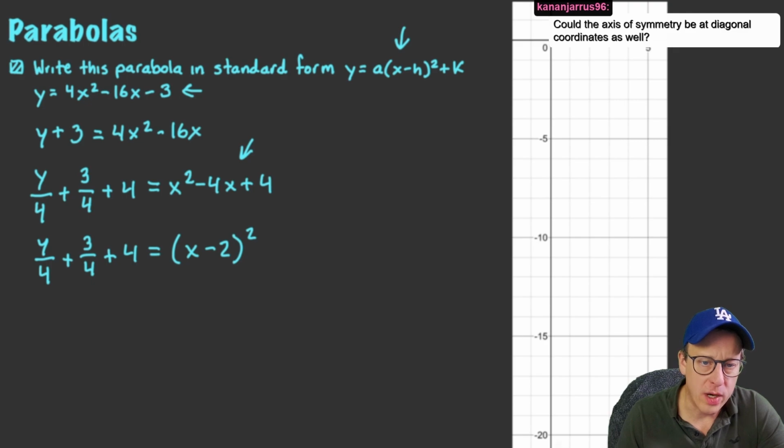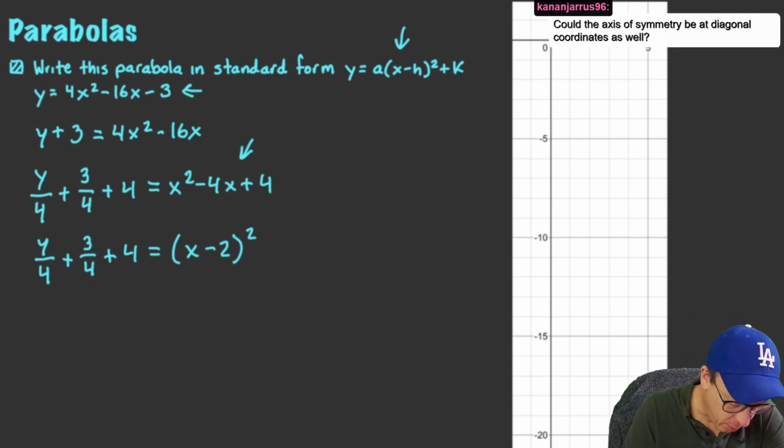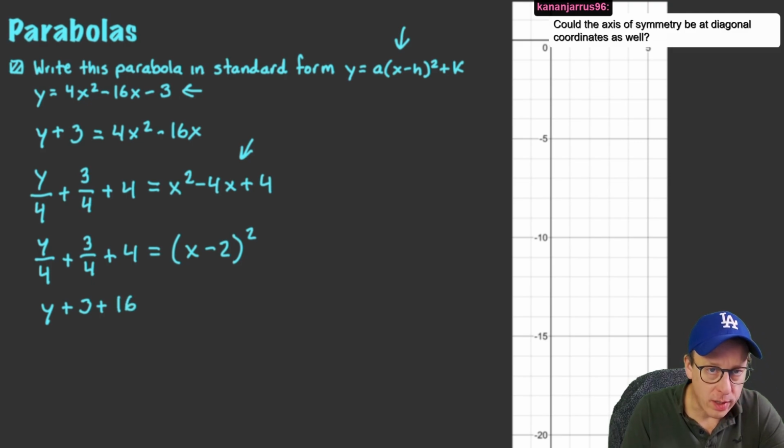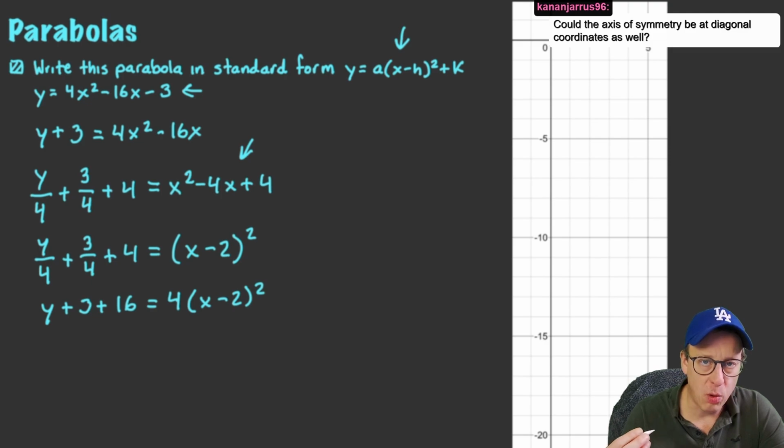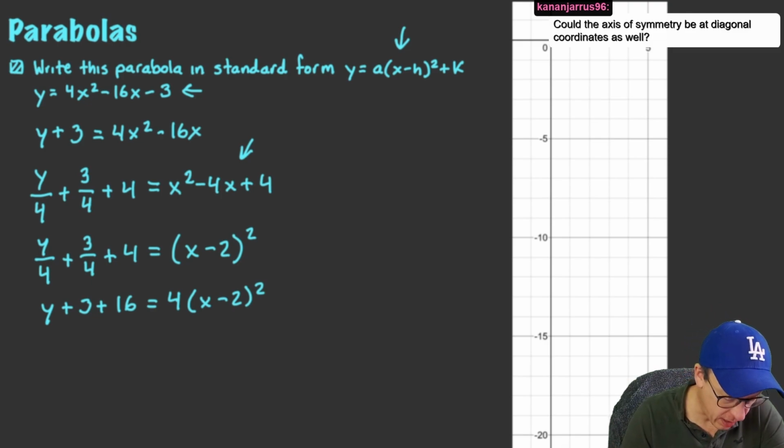Then we need to multiply both sides by 4 to eliminate the fractions. If we do that, we get y plus 3 plus 16 is equal to 4 times x minus 2 squared. I think you can see that it's slowly but surely getting to the form we're trying to get.